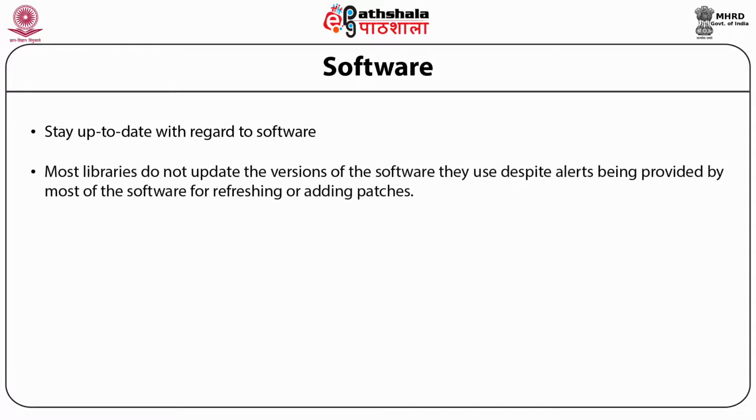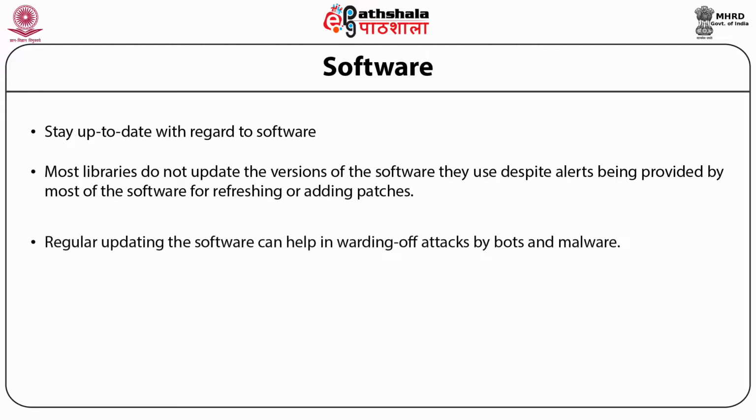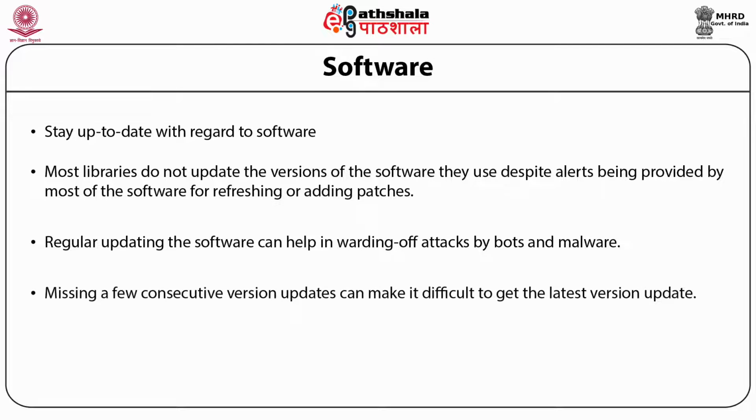However, most libraries do not update the versions of the software despite alerts being provided by the software package for refreshing or adding patches. Without regular updating, the software will not be able to ward off attacks by bots, malware, and viruses. Missing a few consecutive updates can make it difficult to get the latest version of software.